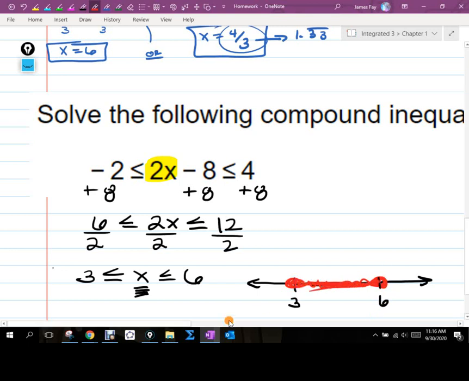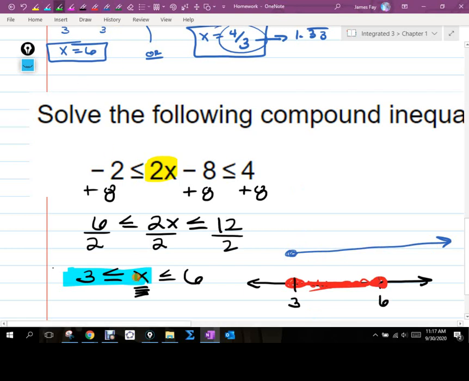Okay, and I don't have to do any overlapping. Does that make sense? If you remember, when we talked about this initially, we had x values that were bigger than or equal to 3, so we would draw that line right there.